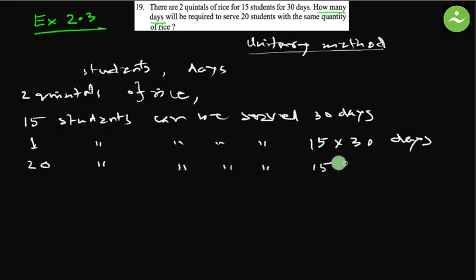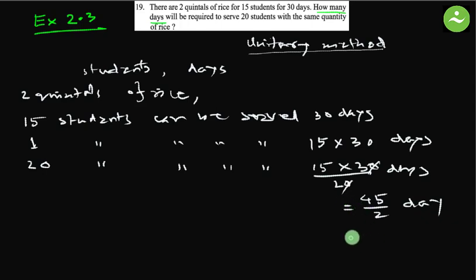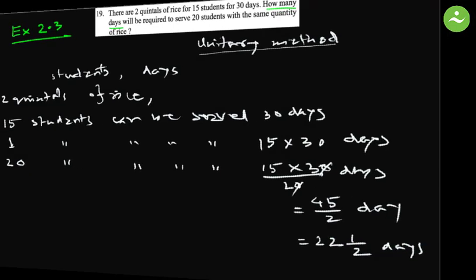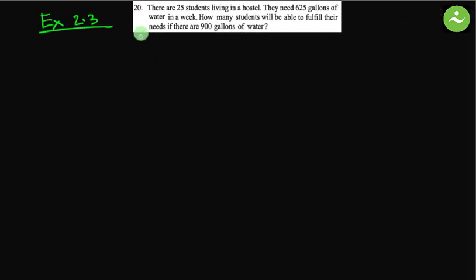Means we divide by 20 days. This simplify, this 0 gone. 15 into 3, 45 by 2 days equals 22 and half days. That is the answer.